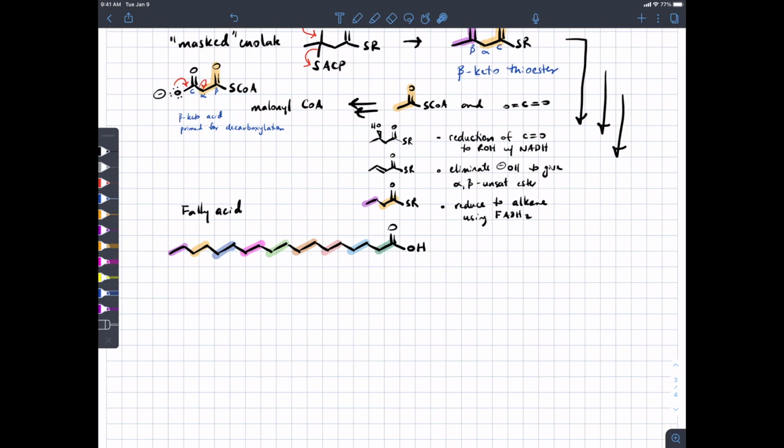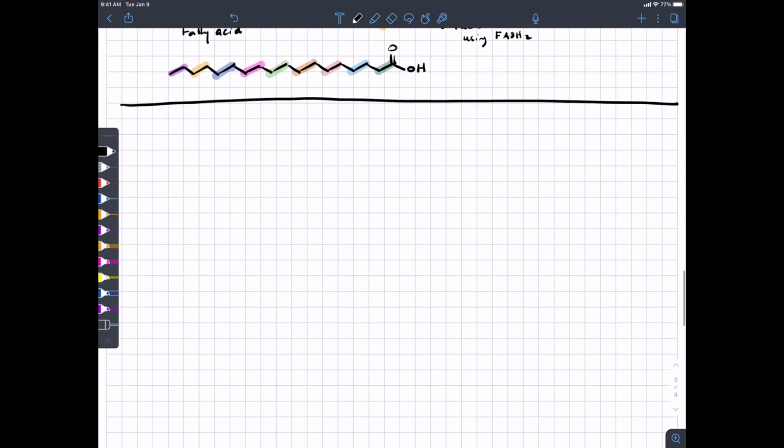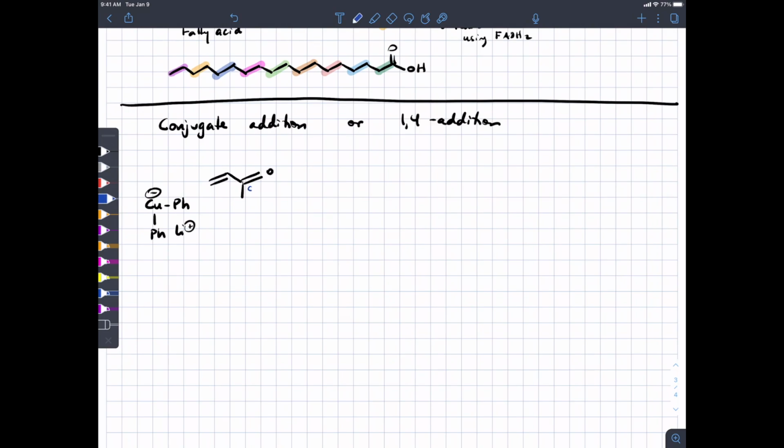All right. Next thing we need to talk about is conjugate addition. We've seen conjugate addition before. We either called it conjugate addition or 1,4 addition. The previous example was to take an alpha beta unsaturated carbonyl compound like this, and then we used a cuprate, such as this diphenyl cuprate, to deliver a nucleophile to the beta carbon of an alpha beta unsaturated carbonyl compound.